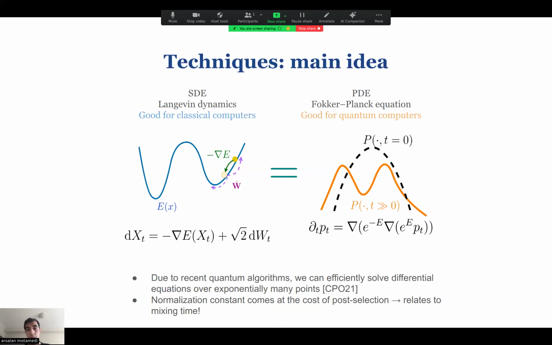Classical computers cannot simulate the Fokker-Planck equation efficiently because there are exponentially many points at high dimension that describe this function P. However, due to recent breakthroughs in quantum algorithms, we know that there are algorithms that solve differential equations over exponentially many points efficiently. One example of such is this paper cited in our work.